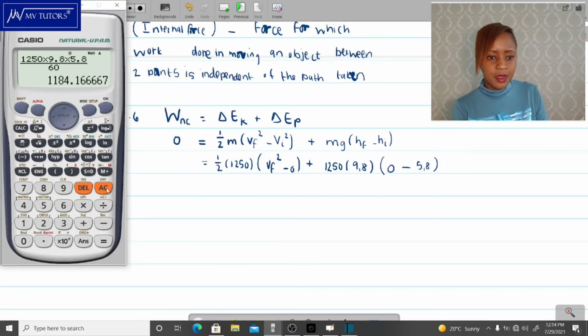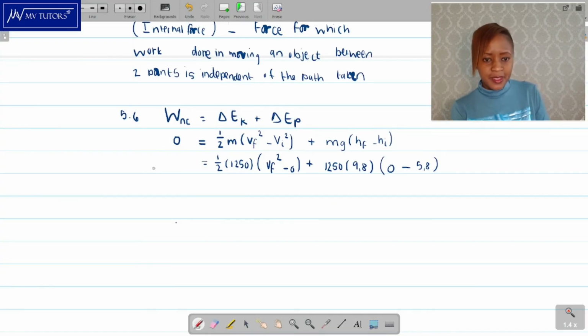So we have 1250 times 9.8 times negative 5.8, and that is negative 71,050. I'm going to take this value to the other side of the equal sign, so it'll be positive 71,050.